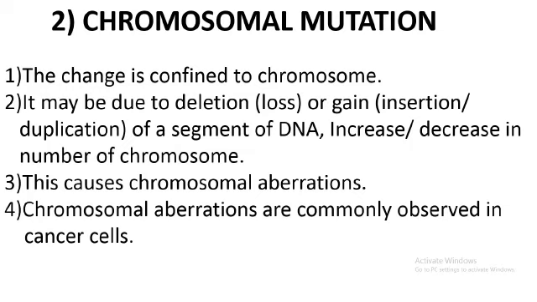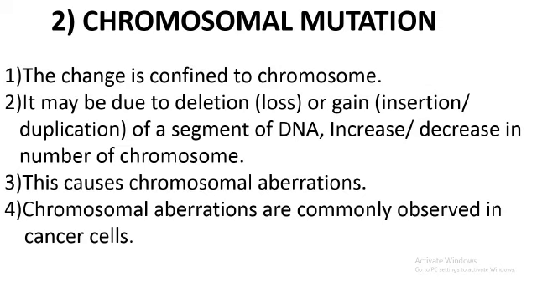So a part of DNA can be lost or a part of DNA can be added. That is during crossing over. When there is exchange between two non-sister chromatids, sometimes an extra segment of DNA can be added, or instead of joining, the DNA segment may be deleted, or there may be an increase or decrease in the number of chromosomes.